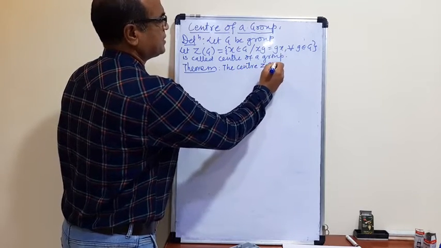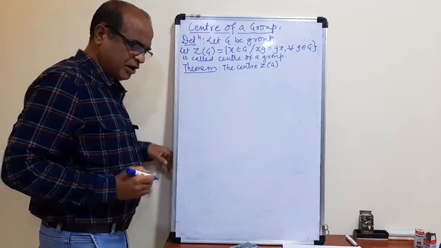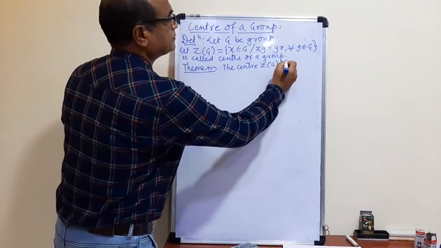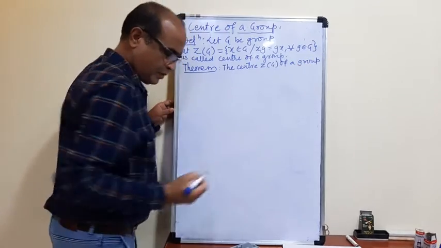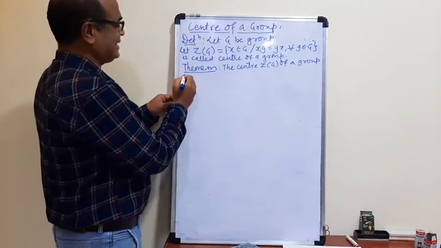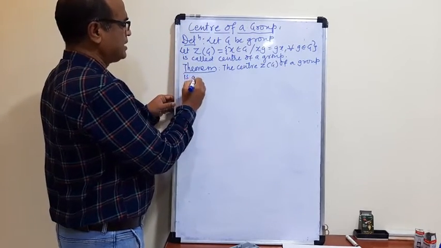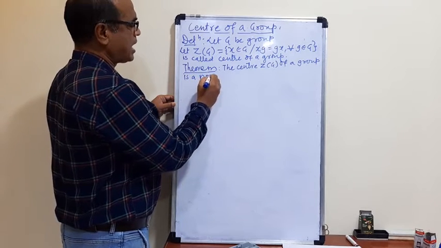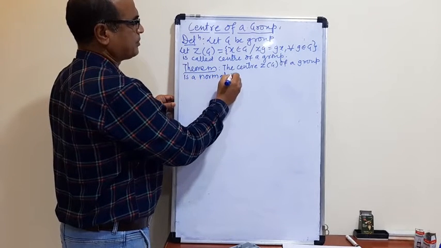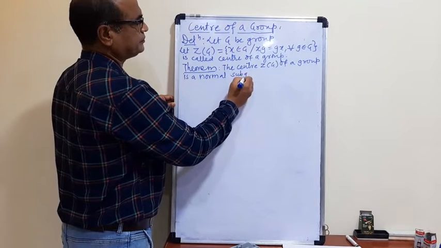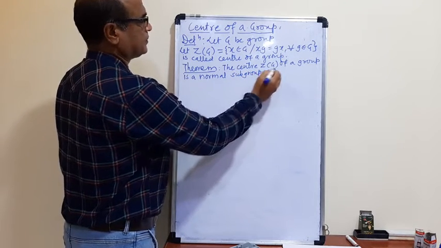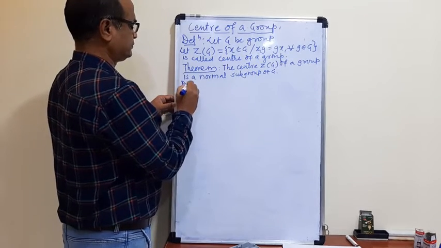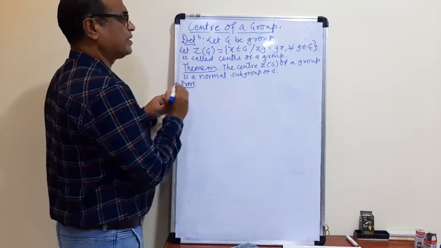The center Z(G) of a group is a normal subgroup of G. Okay, so the proof.